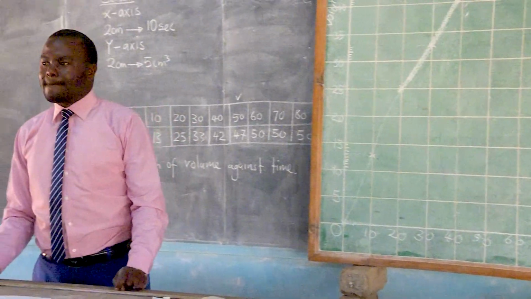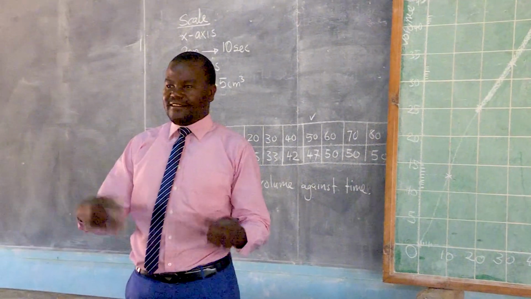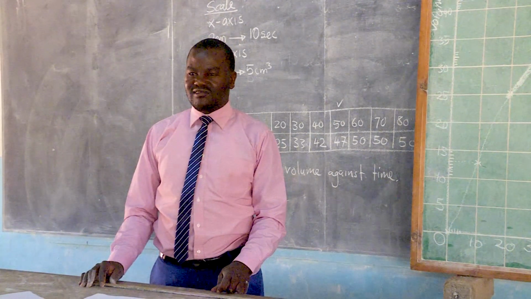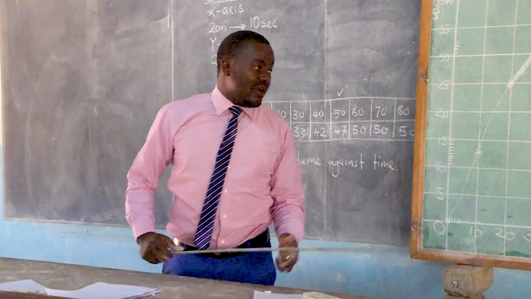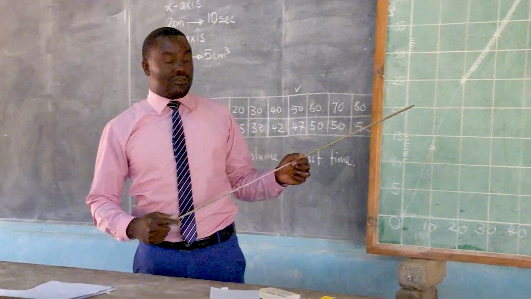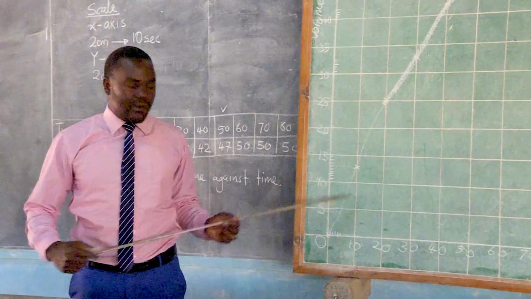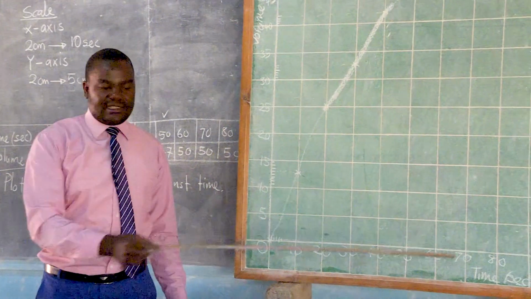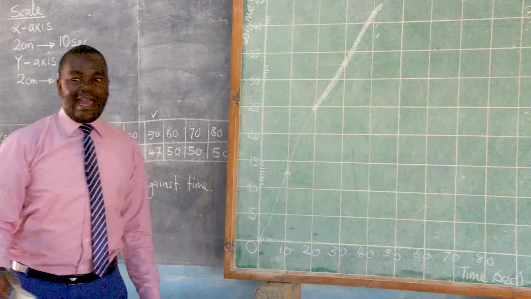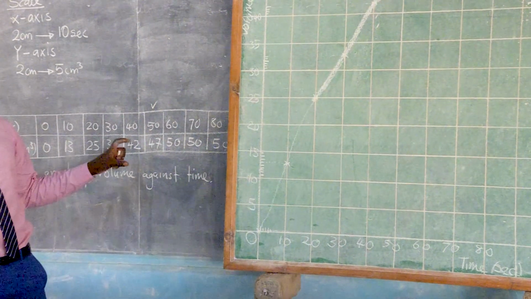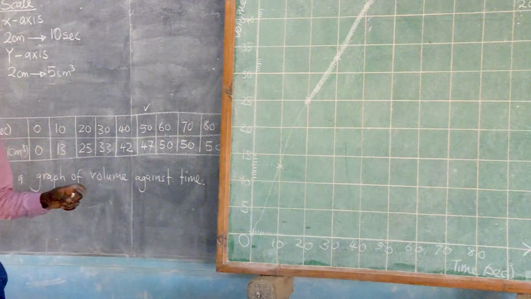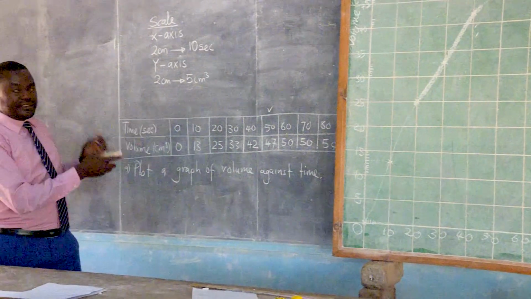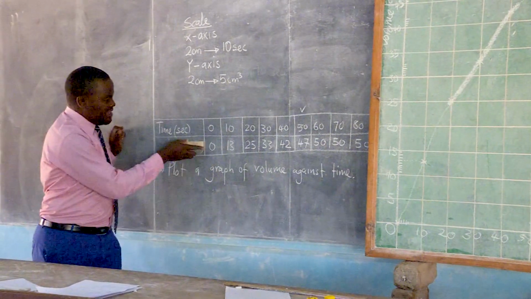Any question? Any question? So sir, is time always on the x-axis in the exercises? Okay, when it comes to graphing, always time is along the x-axis. At times, the data points given can be changed to confuse you.